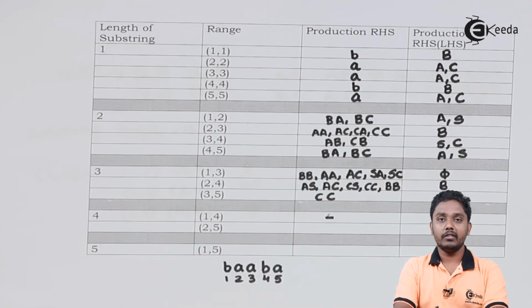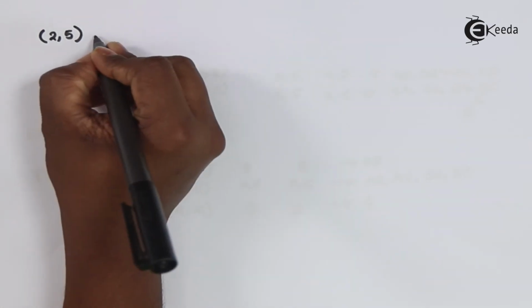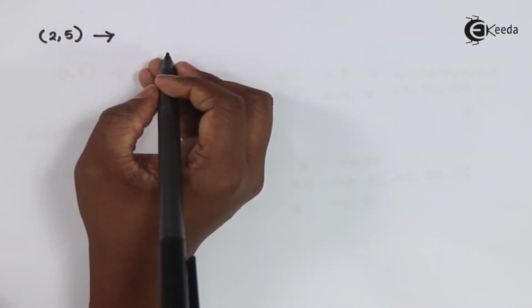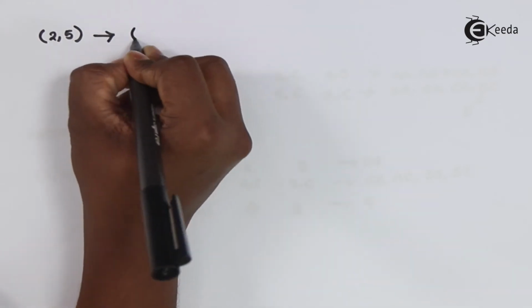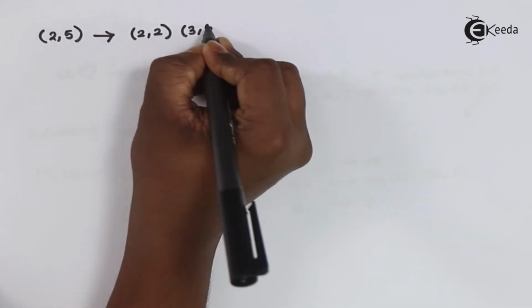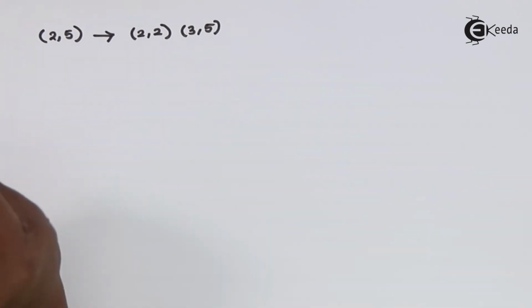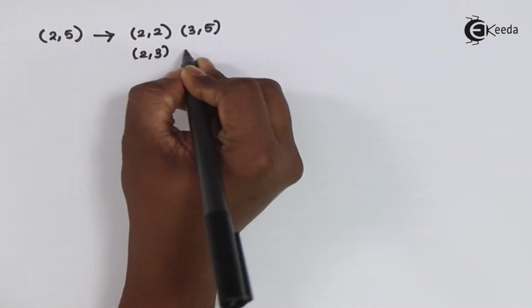Now let us see the next substring 2 5. The splits possible for 2 5 are 2 2 followed by 3 5, or 2 3 followed by 4 5, or 2 4 followed by 5 5.